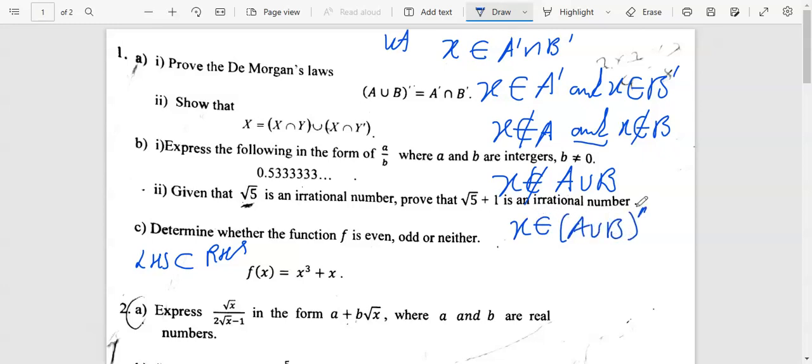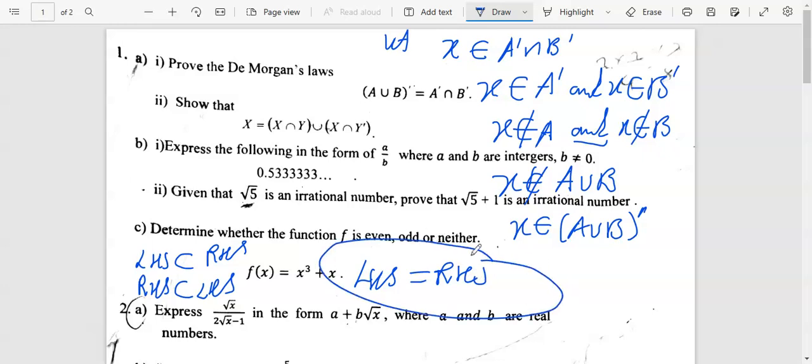Now you put a complement outside since it wasn't a member of A union B. So what we have just done here is we've shown that the right hand side is a subset of the left hand side. Now, when you have got the right hand side being a subset of the left hand side and the left hand side being a subset of the right hand side, that means that the left hand side is equal to the right hand side. Hence, proven.